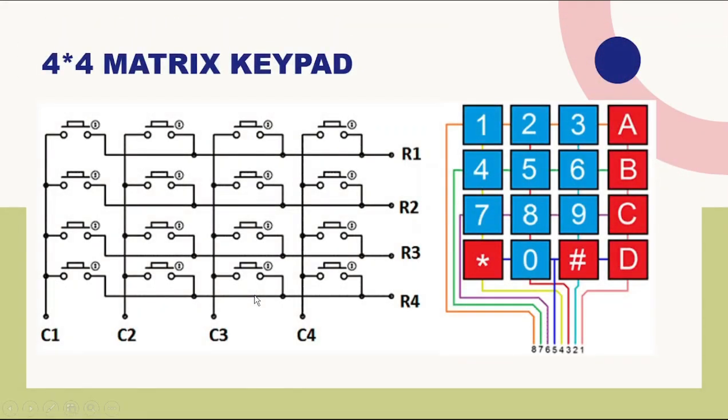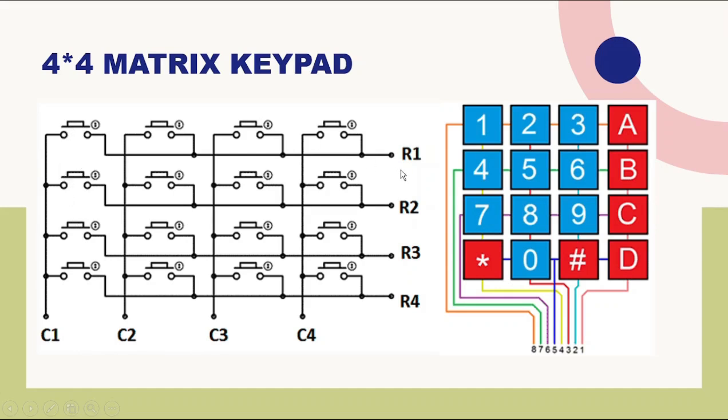So next peripheral is the 4x4 matrix keypad. So this is the configuration of the 4x4 matrix keypad. If, for example, one key is pressed, suppose the top left key is pressed, that is the 1. What will happen if all the R1 to R4 and C1 to C4 pins are high, and we press this?